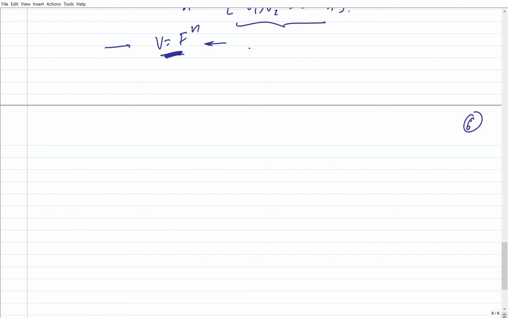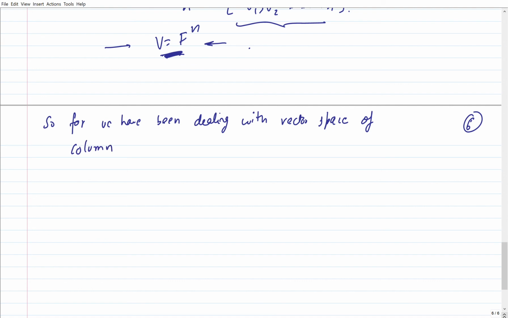Okay, so far we have been dealing with vector space of column vectors Fn.